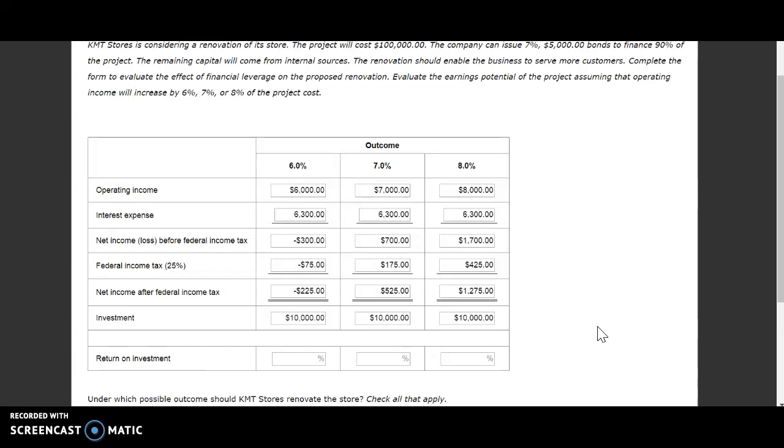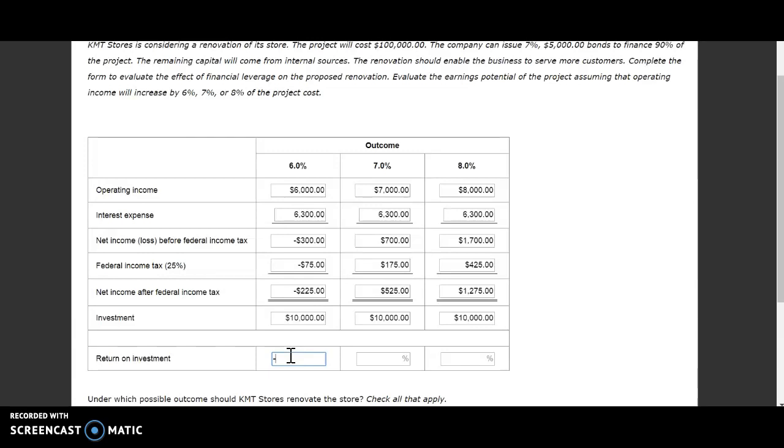Okay, the last thing we need to do is figure out our return on investment. For our return on investment, we're going to take our net income after federal income tax and divide it by what our investment was. So here we take negative 225 divided by 10,000. This is a percentage, so remember we have to change that number into a percentage.